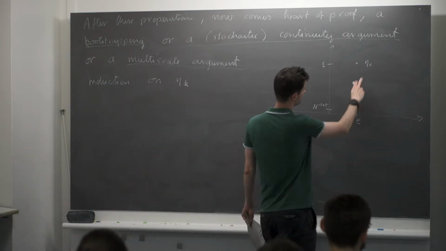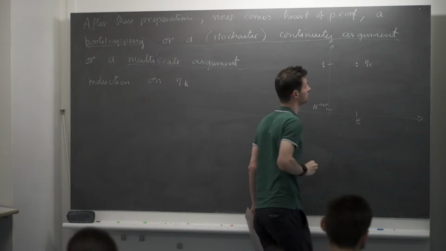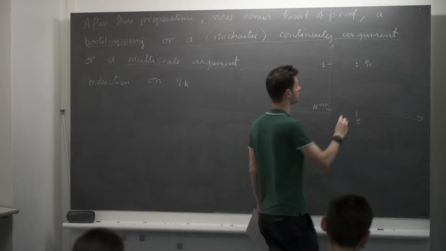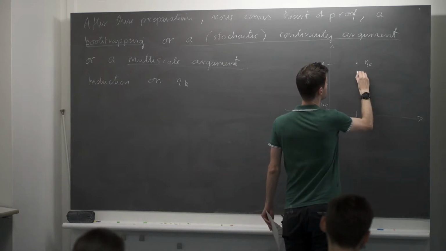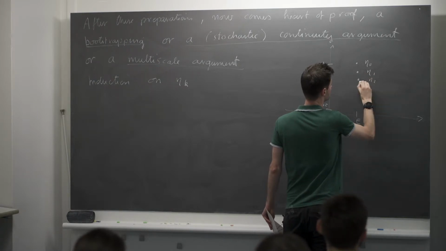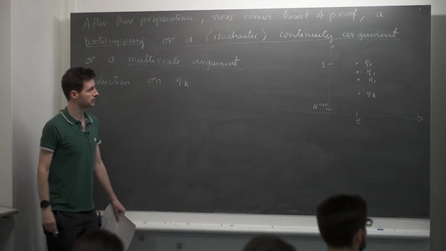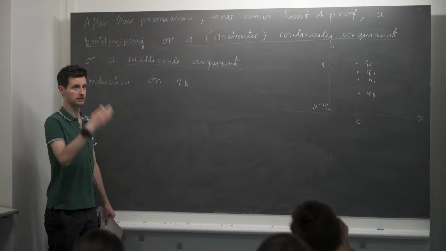And what you do is you prove something here, and then you propagate the information that you just proved to go to a slightly smaller eta. So this would be eta 1, and this would be eta 2. So we will construct a rather dense lattice of these etas coming down.